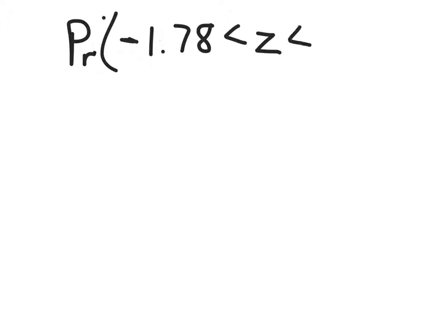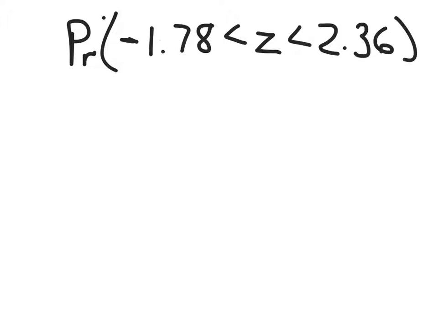So suppose I have the probability that z is between minus 1.78 and positive 2.36.